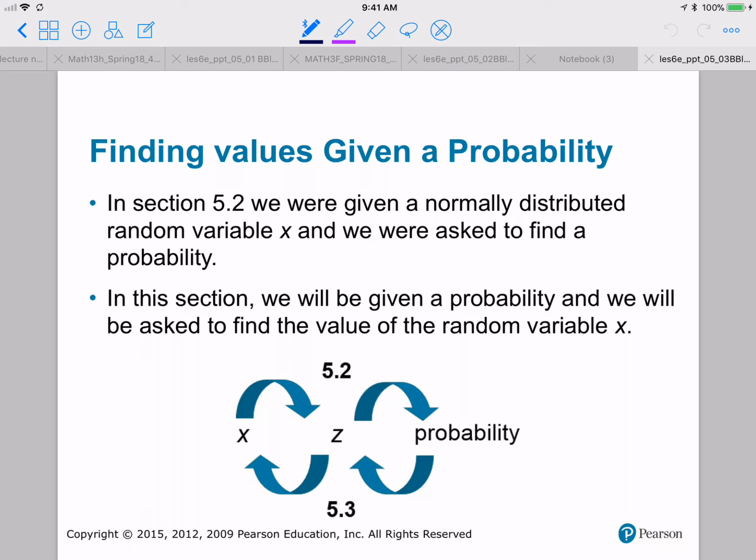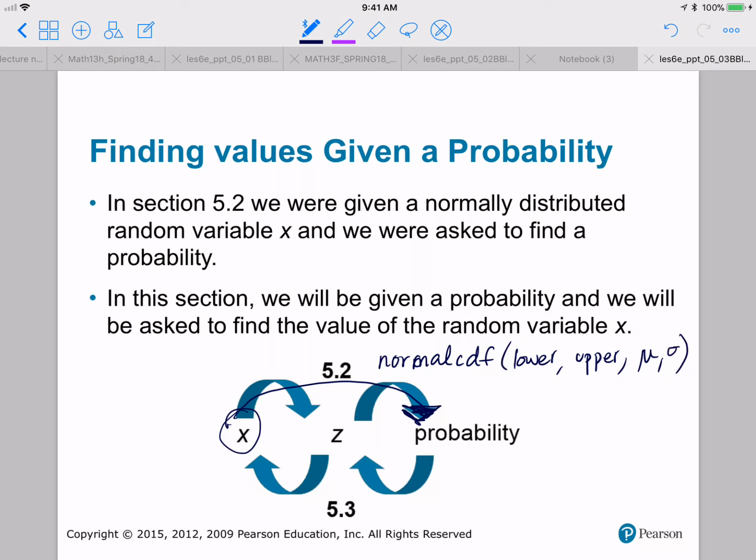This slide here is just describing what I was talking about before. In 5.2, you were given an x value and you wanted the probability. How we did that was we used normal CDF, lower, upper, and then your mean and your standard deviation.